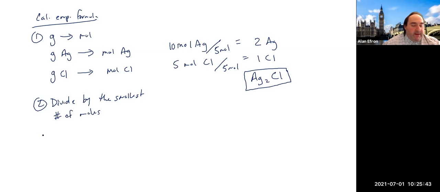It's a little bit okay to round when experimentally finding empirical formulas. In textbook type problems, it's not necessarily okay to round in every situation, but here you can round to the nearest whole number, and that will give you your empirical formula of silver chloride. Any questions on that, or this experiment as a whole?